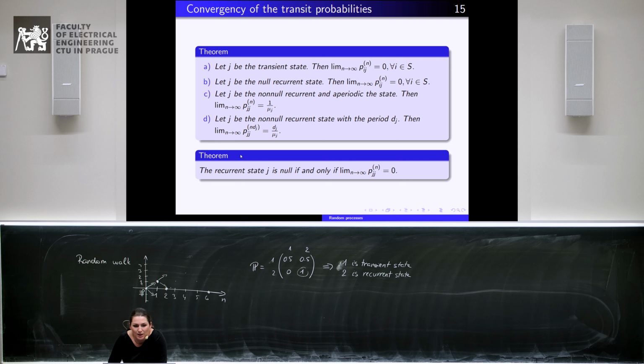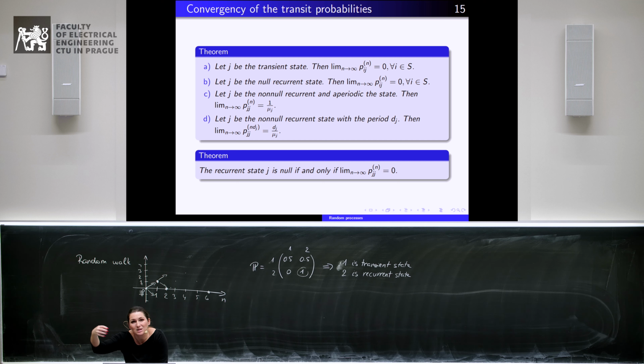So let's consider the state which is transient. So it is the state where there exists a probability that the process won't return to this state again. When the probability that we won't go back is positive, then the limit of transit probabilities to this state must be equal to 0.